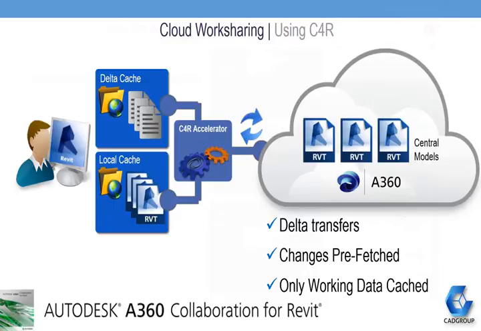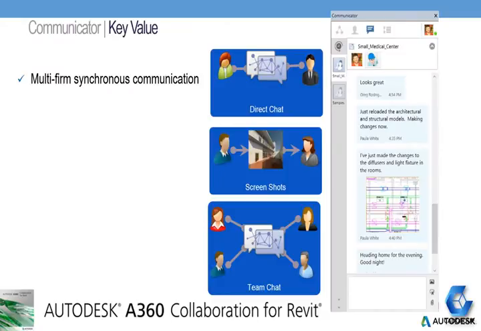C4R also brought in the Communicator software. Basically, this is a chat tool but project-based, so it only displays chats from your team members, and depending on which model you are currently working on, it displays people inside the same model.